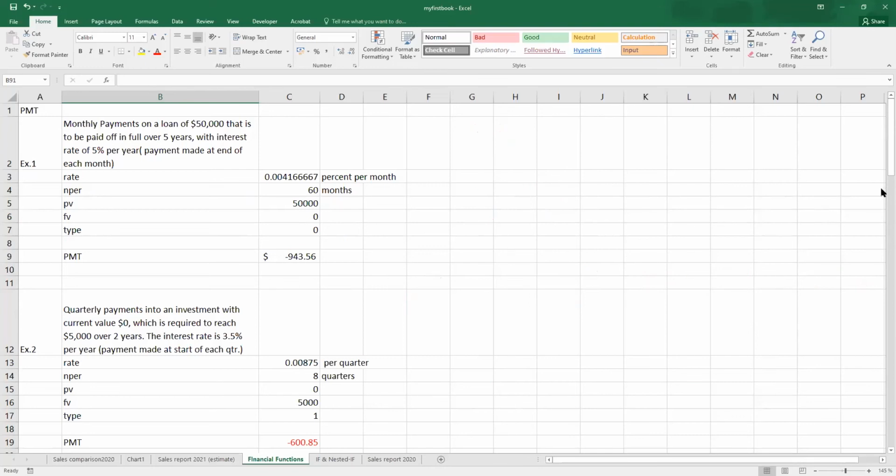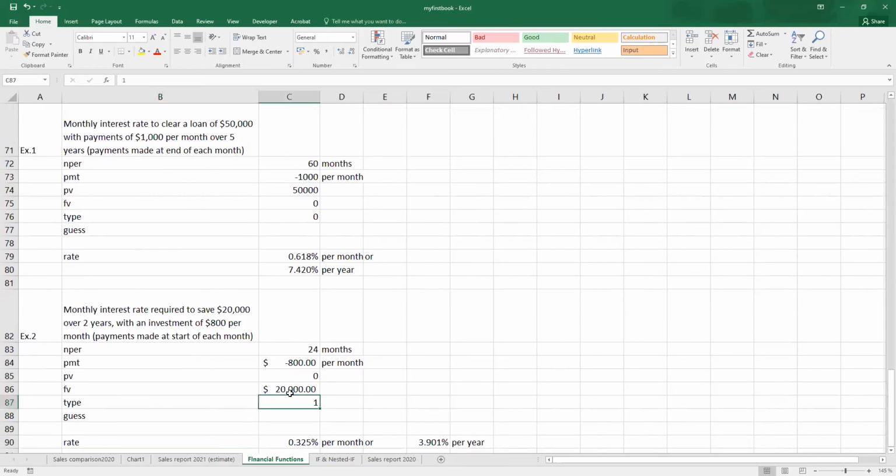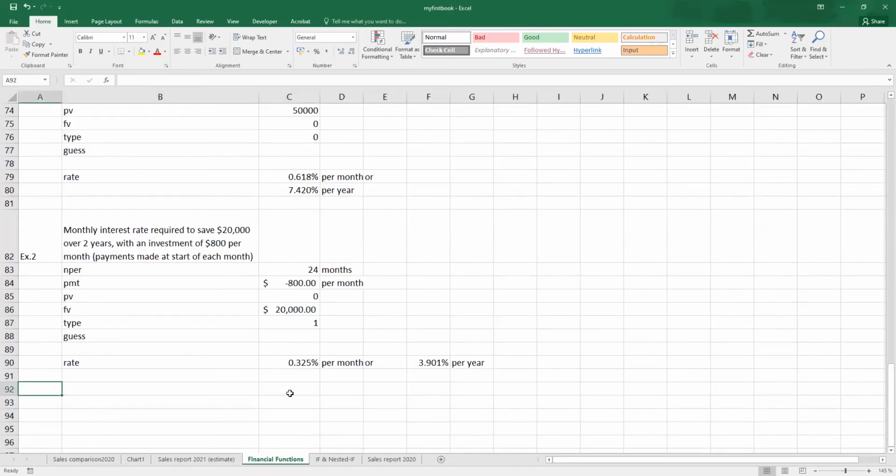Okay, let's talk about the IPMT first นะครับ. The IPMT is the function that we use to calculate the amount of the interest that you have to pay per a specific period of time นะครับ.